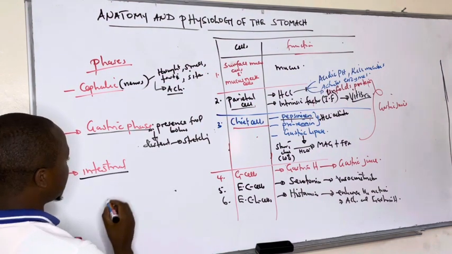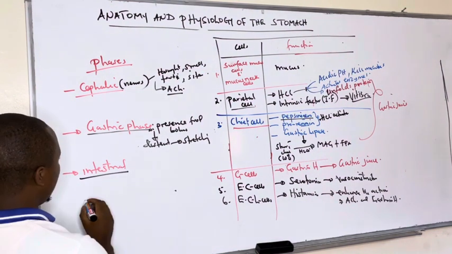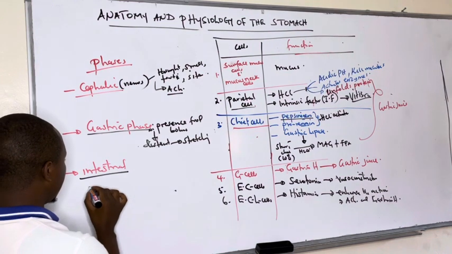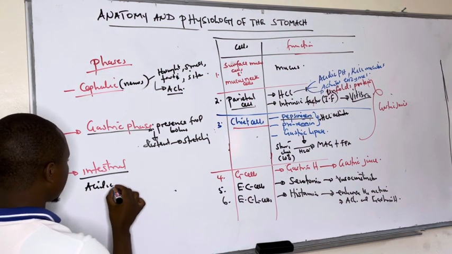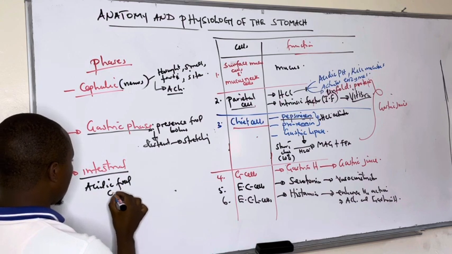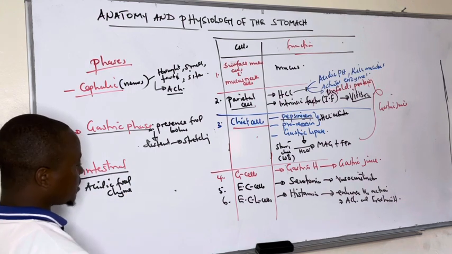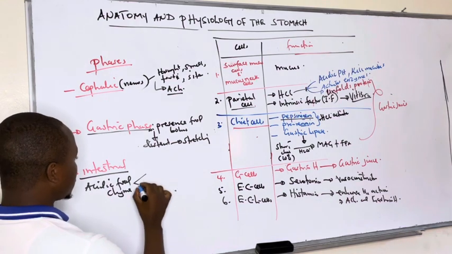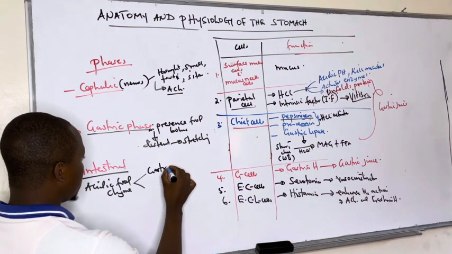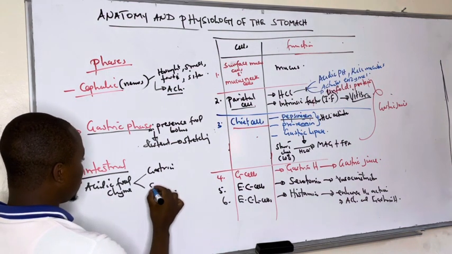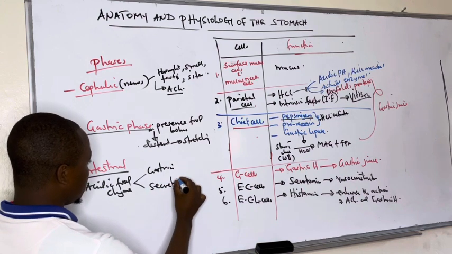Then lastly, it is the intestinal phase, whereby presence of food in the intestine, that is in the duodenum, presence of acidic food chyme in the intestine will trigger production of gastrin hormone, and also production of secretin hormone.